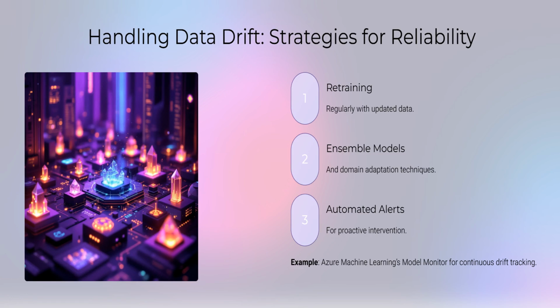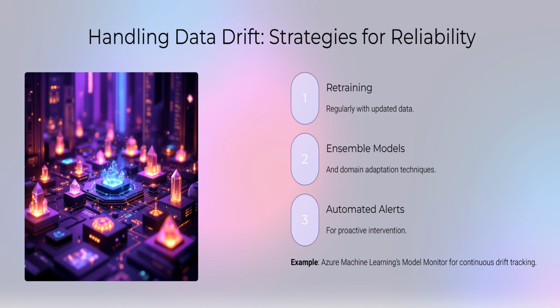Handling data drift: strategies for reliability. This slide transitions from detection to solution, outlining strategies to maintain model reliability in the face of drift. The key strategies include retraining: establishing a process for regularly retraining models on new, recent data to keep them aligned with the current environment.